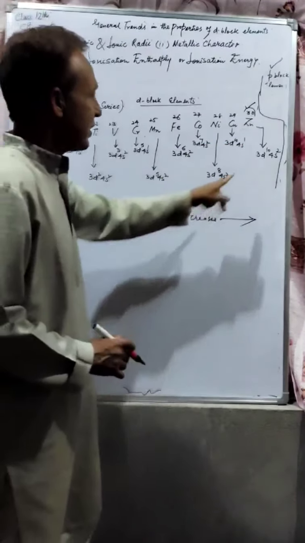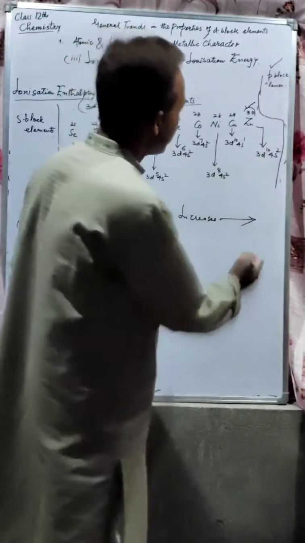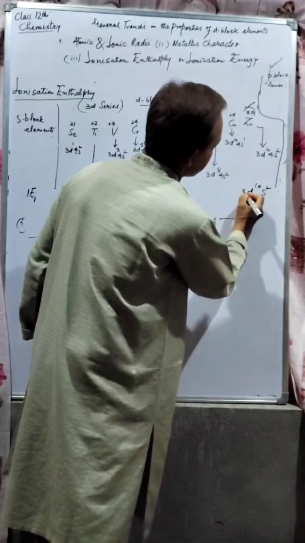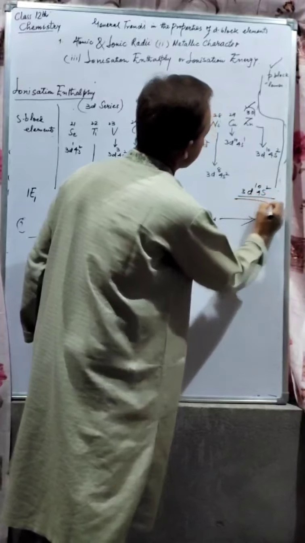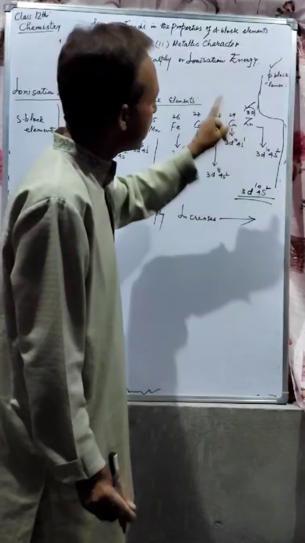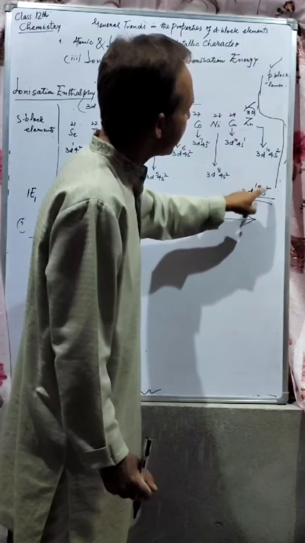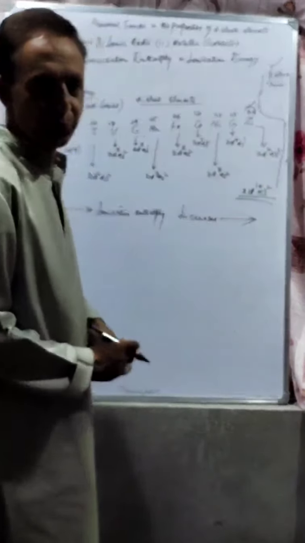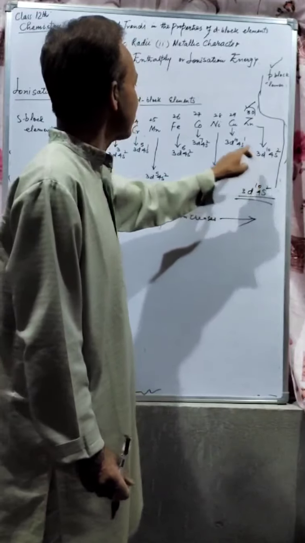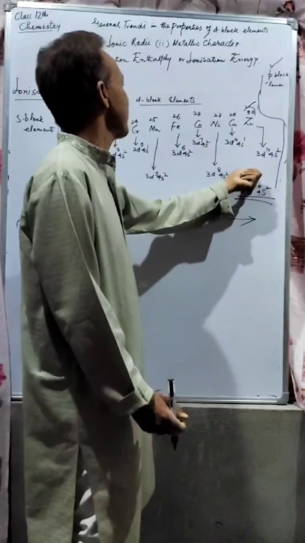It is because it has the completely filled configuration, 3d10 4s2 for zinc, and we have to remove the electron from the most stable configuration of d10 and s2. This is why the first ionization enthalpy of zinc is very high as compared to that of the rest of the elements.